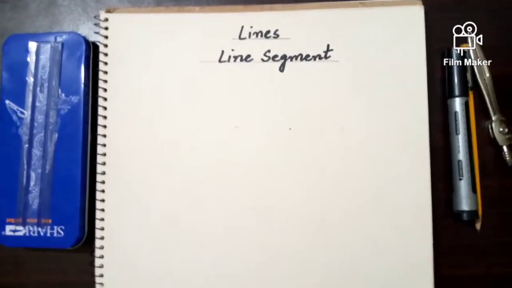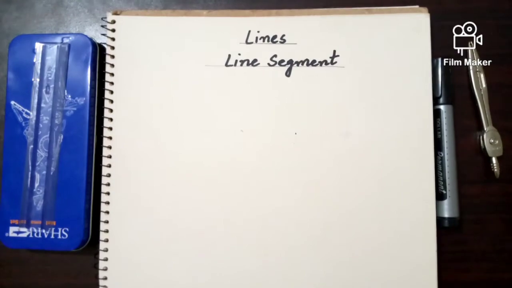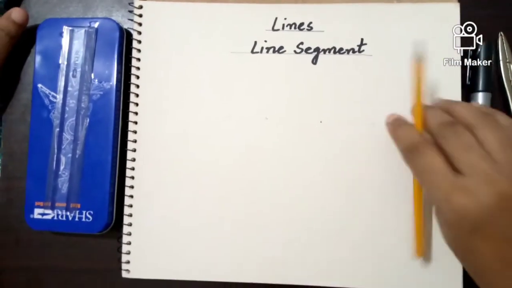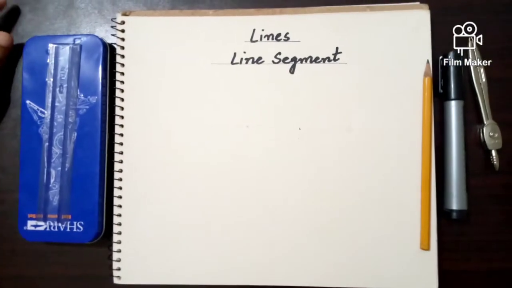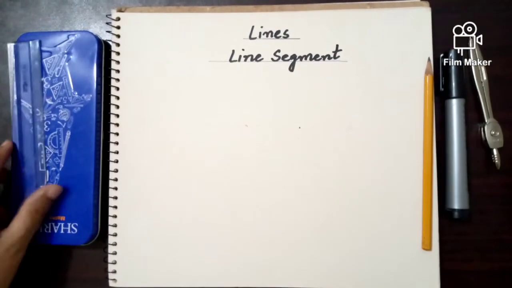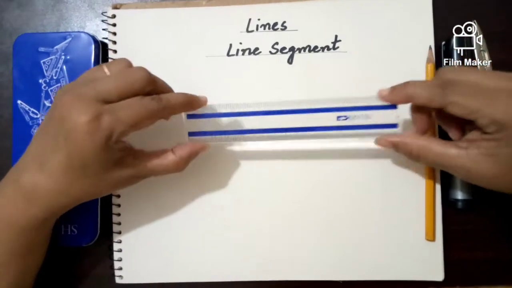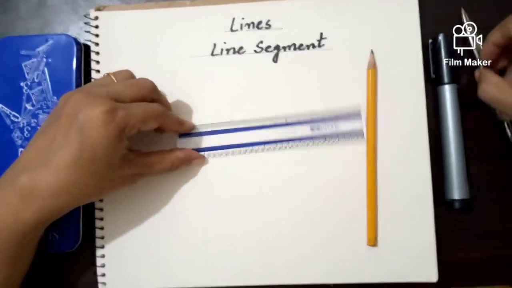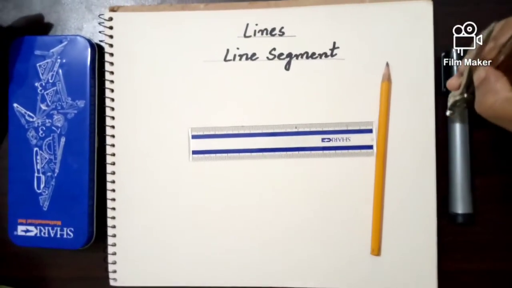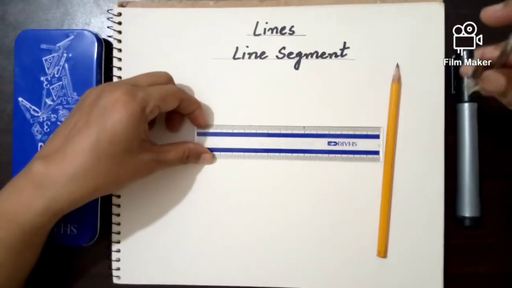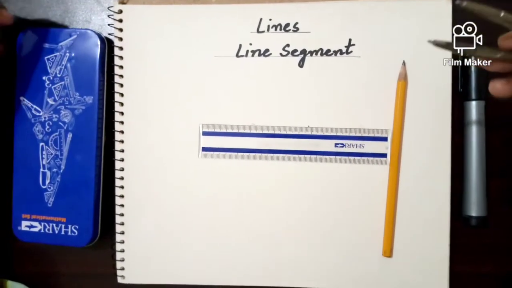Okay class, today we are going to draw a line segment. In your previous class, you have learned to draw a line segment with the help of the ruler. But in this class, we will draw a line segment with the help of the ruler and this divider.